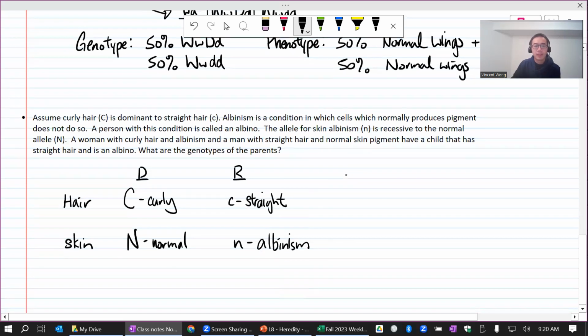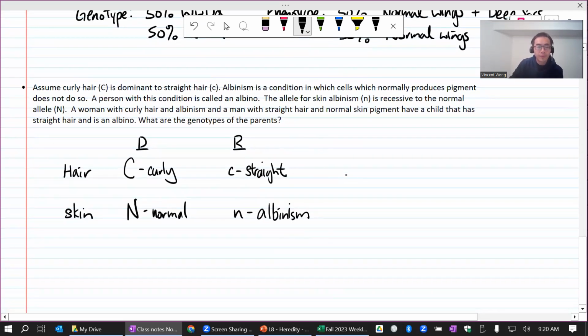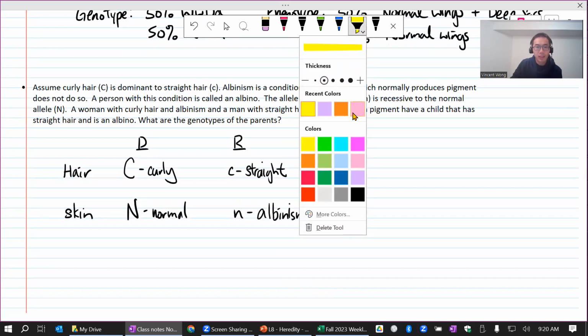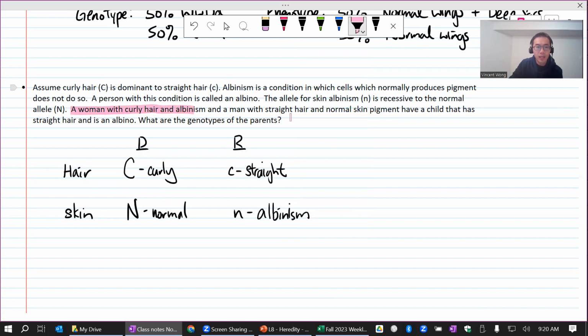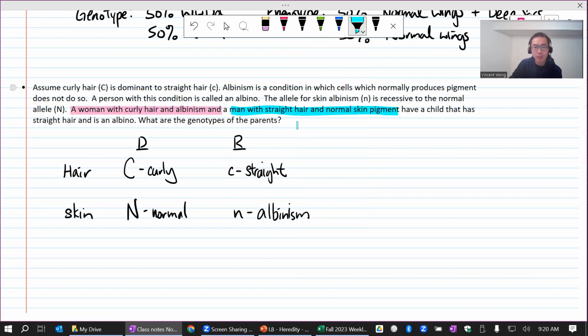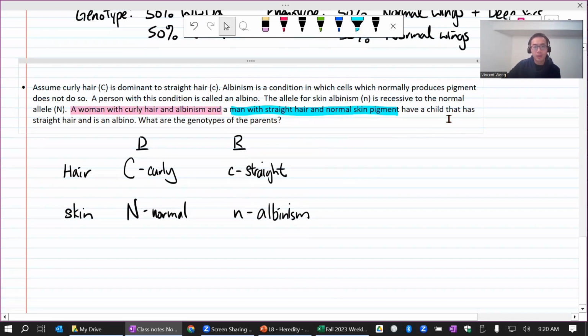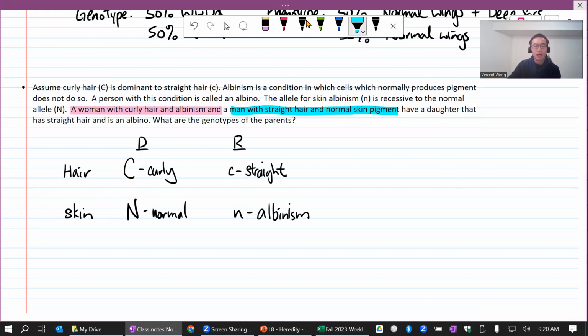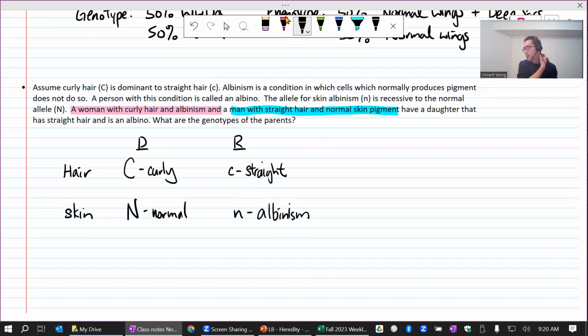Okay. Now, this question is very long. It says, a woman with curly hair and albinism and a man with straight hair and normal skin pigment have a child that has straight hair and is an albino. I'm just going to change it to a daughter, okay? You will see why. Sometimes when we have to represent a family, we want to use a family tree.